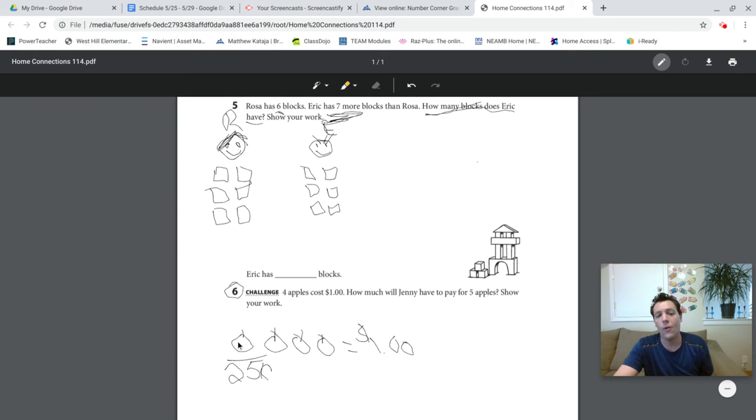So if each apple costs 25 cents, we can skip count by 25s. 25, 50, 75, $1. Am I right? I am correct. So if each apple costs 25 cents, now you know how to solve the rest of your problem. How much would you pay for 5 apples? Well, if 4 costs $1, how much is 5? Go ahead, try to draw pictures, try to write equations, show your work.